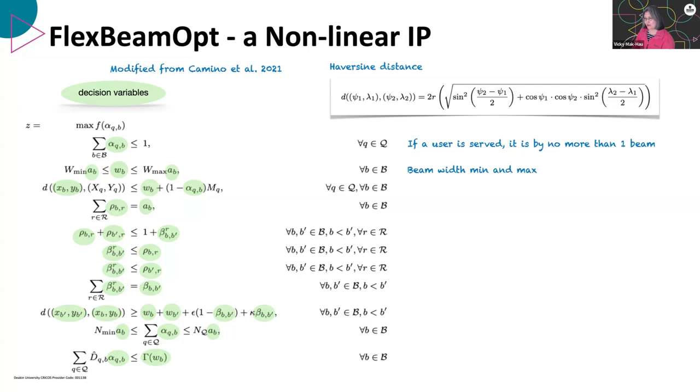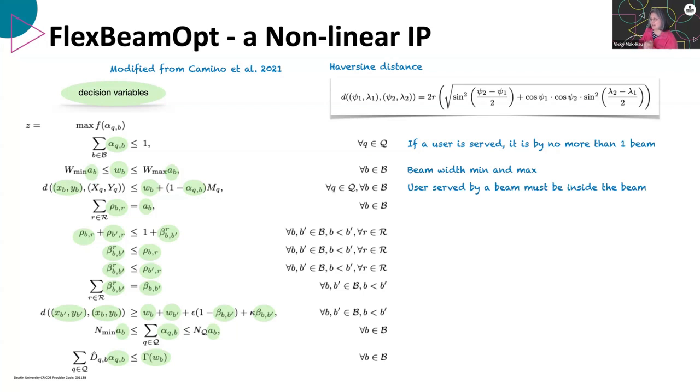The first constraint here says each user can only be served by one beam. A user could be covered by many beams, but it should only be routed to one beam. Then we have the beam width. If we have a beam active, then it should be given a beam width, and it should be between some limits.